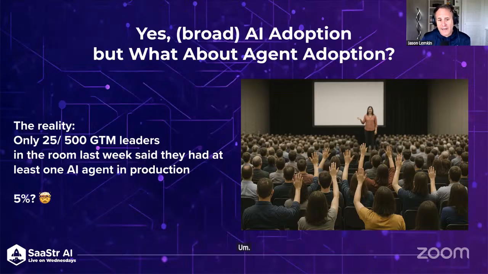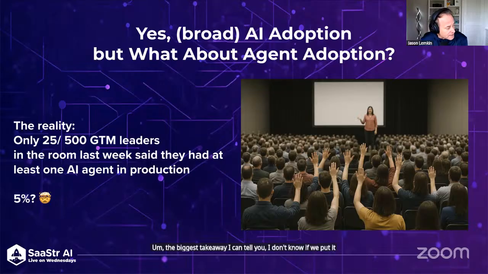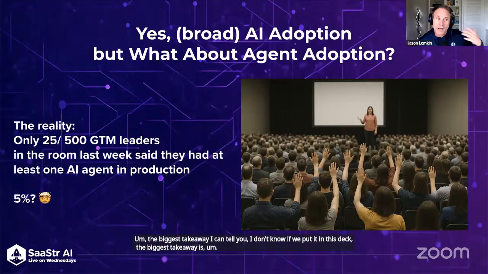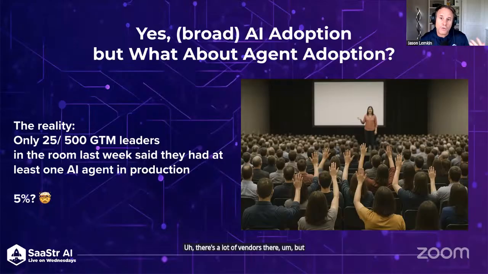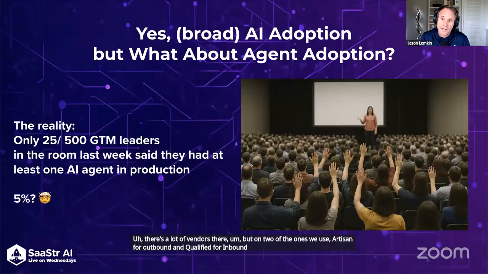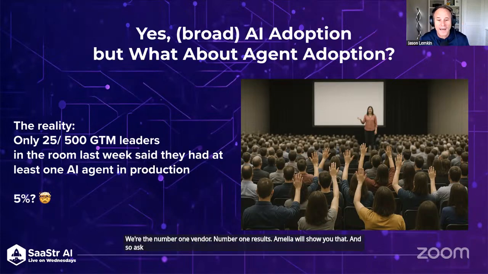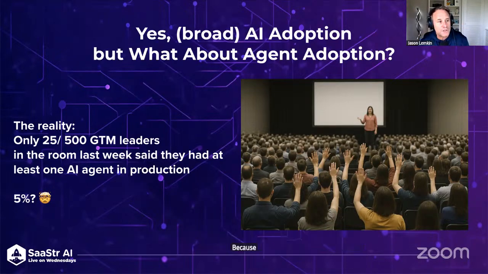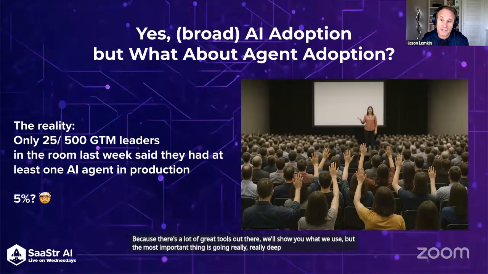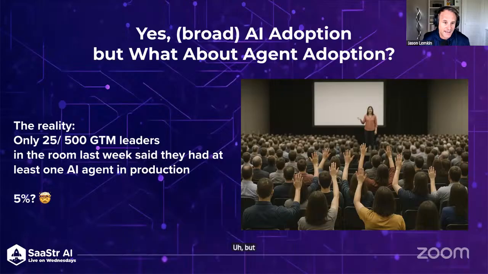The biggest takeaway is there's a lot of vendors, but on two of the ones we use, Artisan for outbound and Qualified for inbound, of all their customers, we're the number one vendor, number one results. Amelia will show you that. Ask questions about why, because there's a lot of great tools out there. The most important thing is going really, really deep with AI agents. There's no set and forget, no matter what anybody tells you in 2025, maybe in 2026, but there's no set and forget.